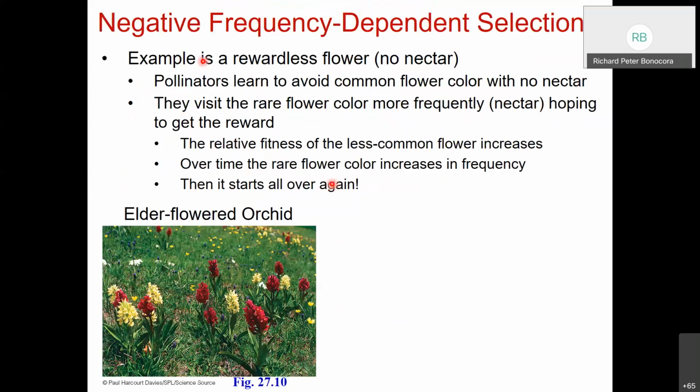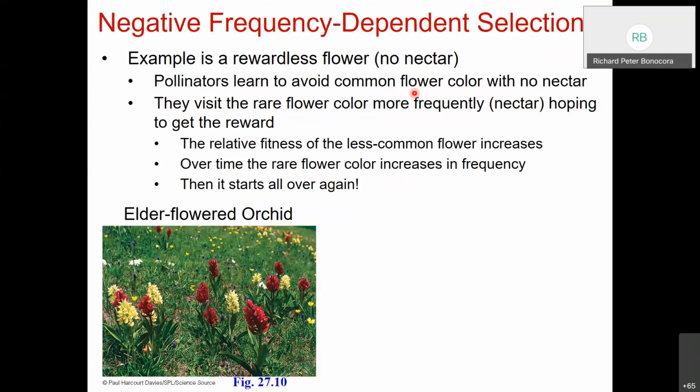The example here involves a rewardless flower. So this is a flower that has no nectar. Pollinators will fly around and go to different flowers and try to get nectar out of them. But they're going to learn about the flower with a certain color that is the most common.